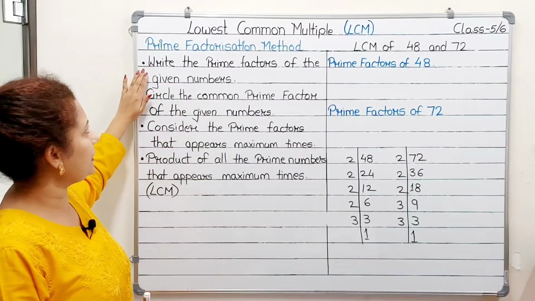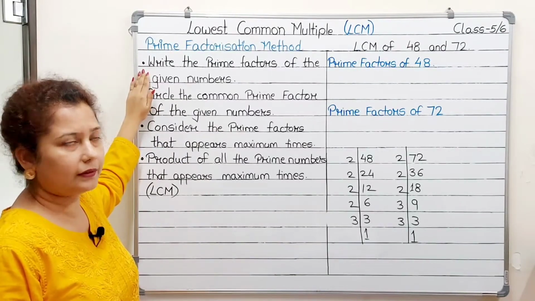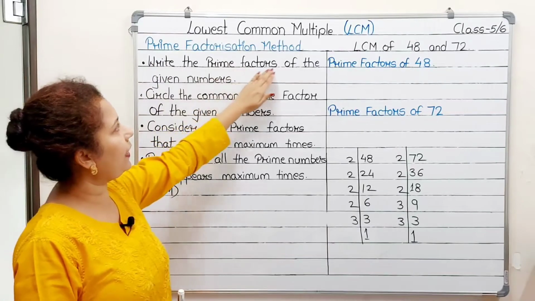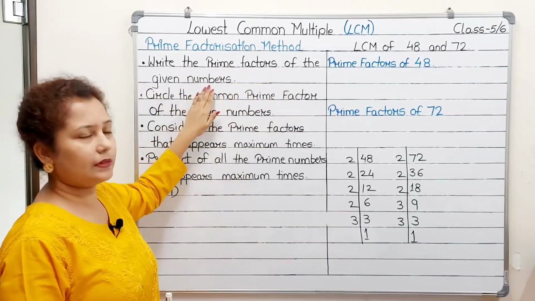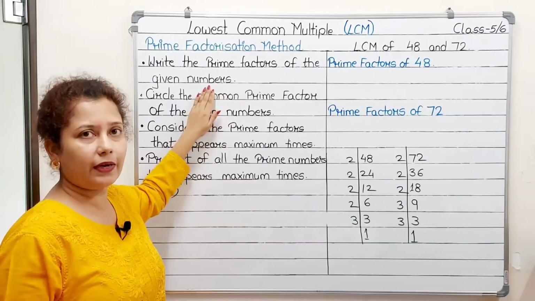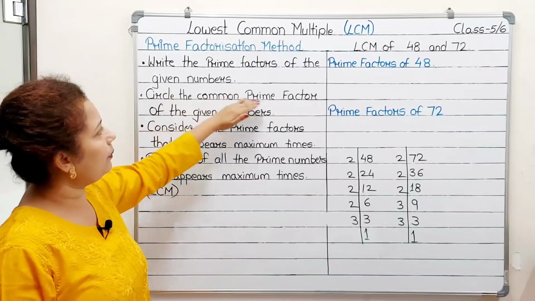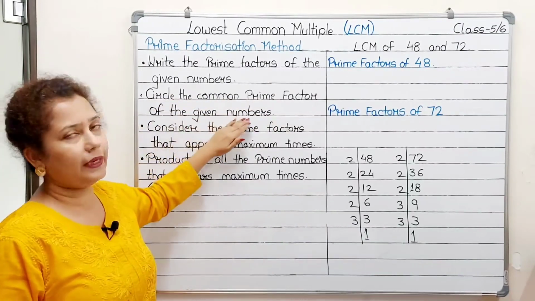The first step for finding LCM by the prime factorization method is to write the prime factors of the given numbers. If 2 or 3 numbers are given, then we have to write the prime factors of all those numbers. Circle the common prime factors of the given numbers.